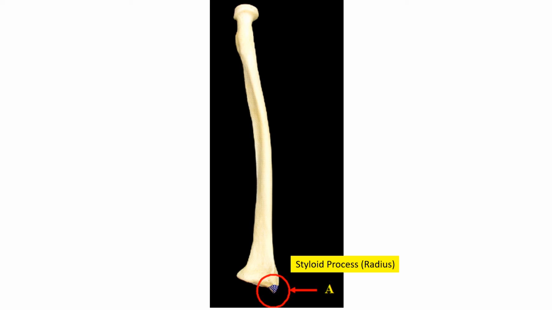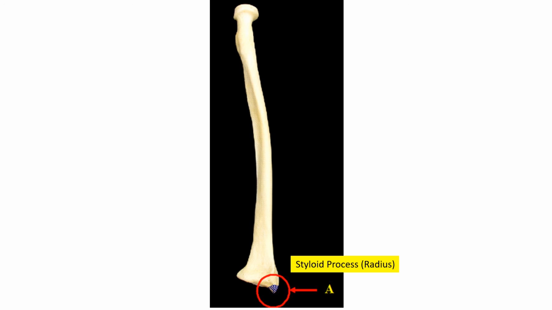And as you come down, the lower end is larger than the upper end. Although the upper end has three features, the lower end has a single feature, which is called the styloid process of the radius, and it is marked blue inside the red circle.